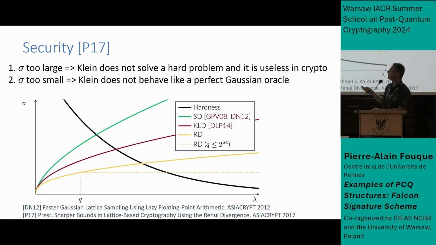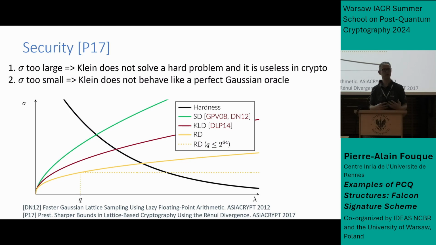If sigma, or the radius, is too large, as I explained, you have a lot of lattice points around the value C, and consequently it will be easier for the adversary to forge a signature. So we need sigma, or the radius of the ball, to be small enough so that it does not become too easy for the adversary. When sigma is too large, it does not give us a hard instance and it's easy for the adversary.